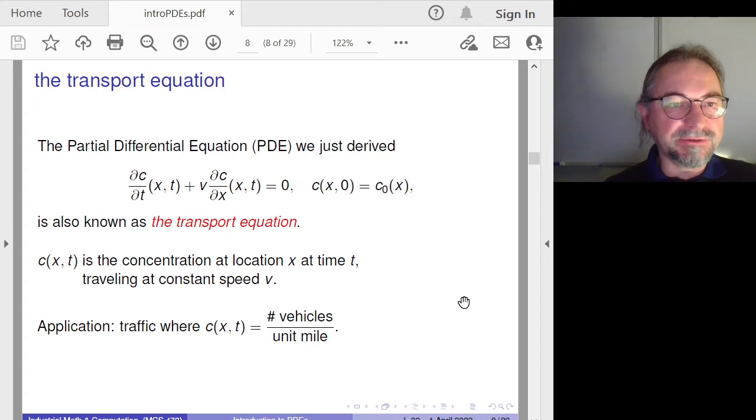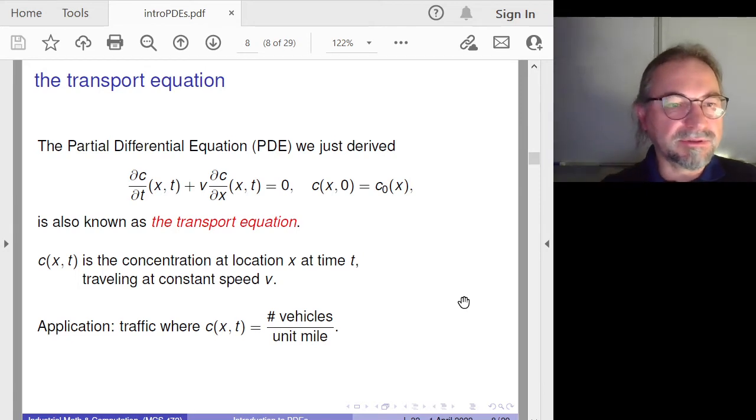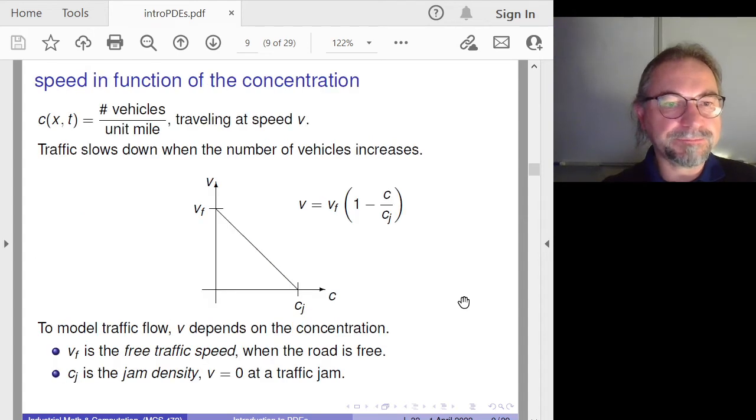So the advantage of going to the transport equation is that we will forget about the diffusion for a minute, but we will do something about the constant speed, because the wind can change, is typically never constant.